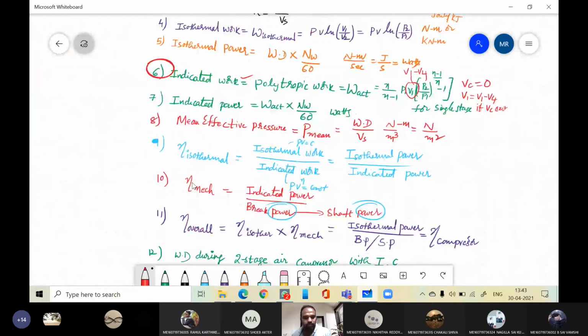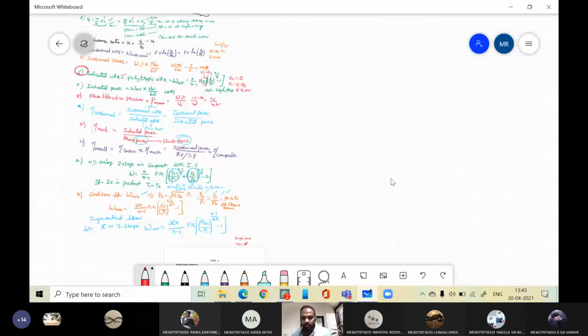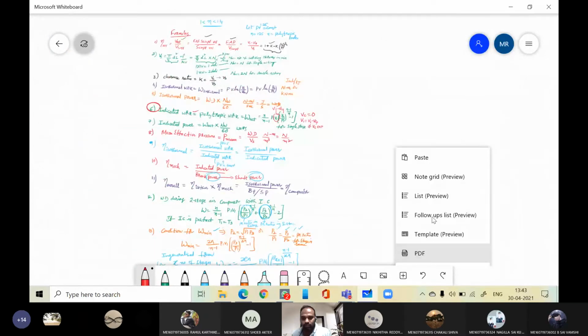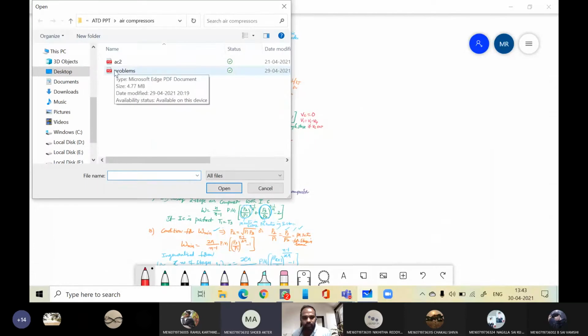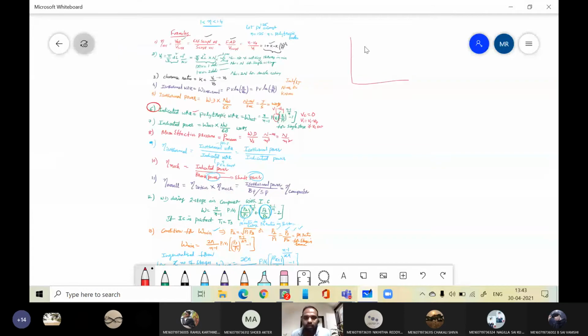Means suction starts at V4. If clearance volume exists, actual suction starts at V4. If you remember, the diagram will be like this: 1, 2, 3, 4. After completion of this expansion, actual suction starts. But normally suction has to start here, because this is VC and this is V1 minus V3.